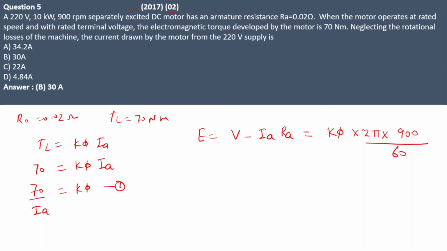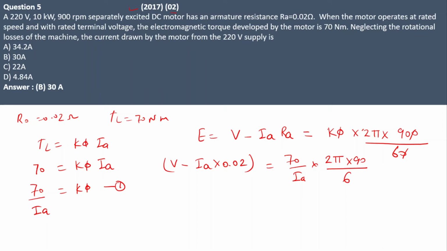So put the value of K phi. So this will be V minus Ia Ra. You have to find out the current Ia, and Ra is 0.02, equal to K phi is 70 by Ia into 2 pi into 900 divided by 60.